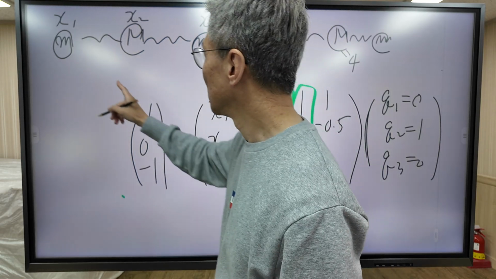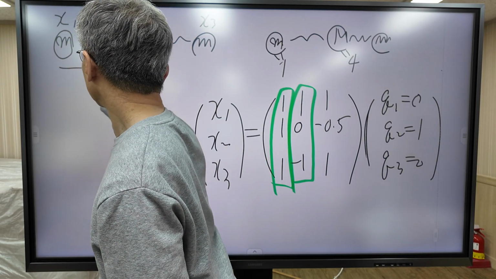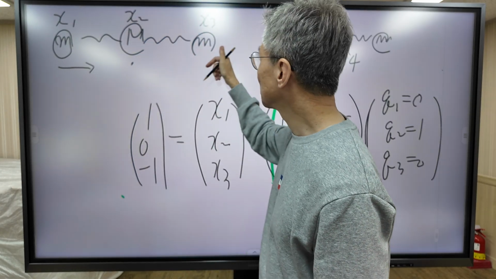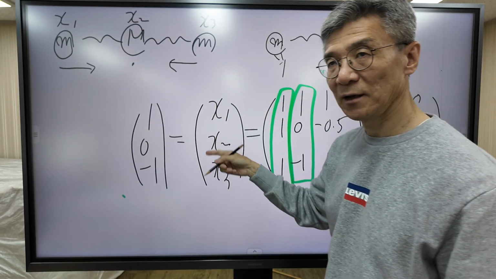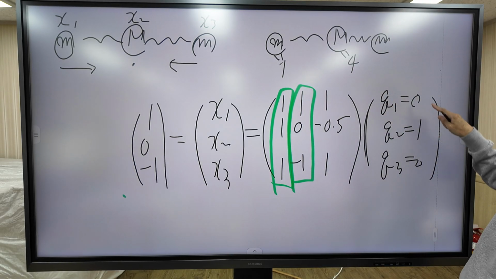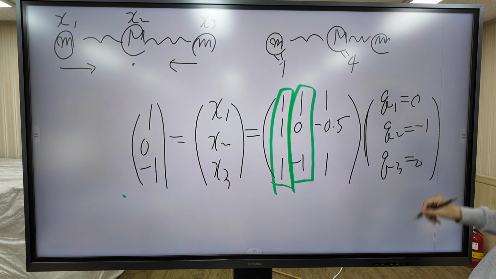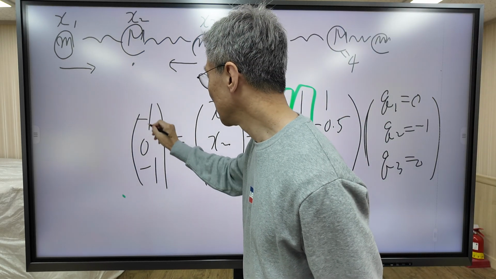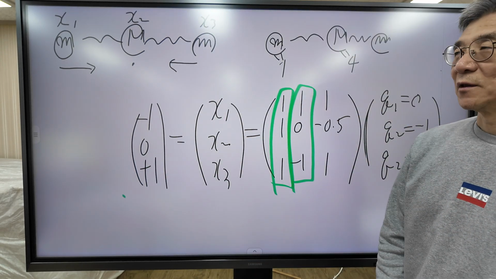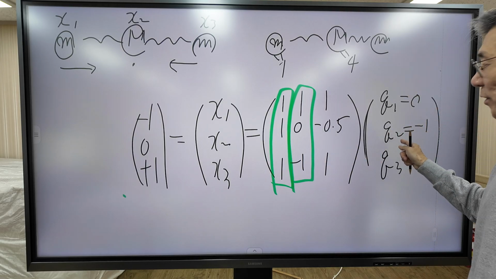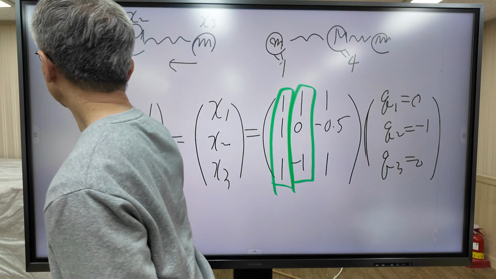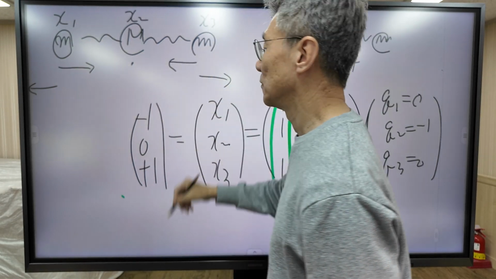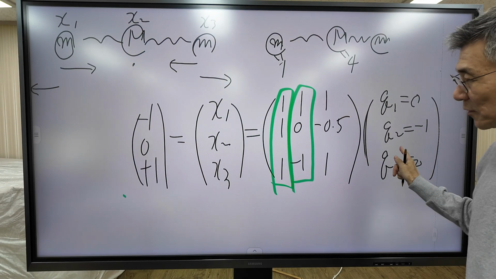So in this case, this arrow moves right by 1, and this arrow does not move, 0. This arrow moves left by 1. Right? Now, when Q2 becomes minus 1, what happens to this value? In this case, minus 1, 0, plus 1. So when Q2 equals minus 1, this arrow moves left by 1, and this arrow moves right by 1. Right?